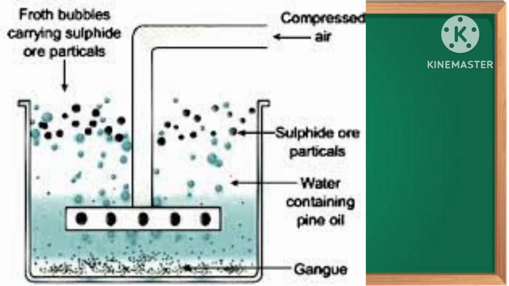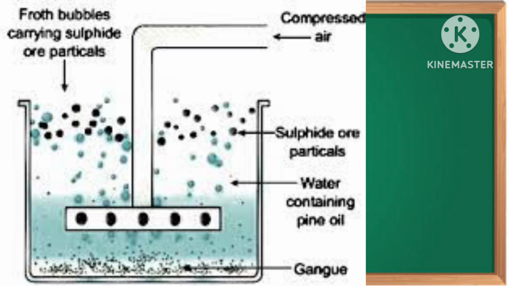We have also taken water containing pine oil, while the sulfide ore particles and froth bubbles carrying sulfide ore particles will be separated out. This happens when we compress air into this inlet. So by using this method, we are going to separate sulfide ore.